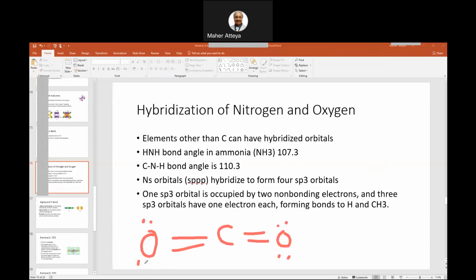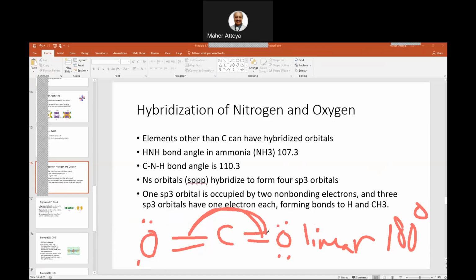It turns out to be linear, correct? This is linear, AB2 or EX2. So there's no lone pair, that's linear. The angle is 180. This angle between oxygen, carbon, oxygen is 180 degrees, correct?